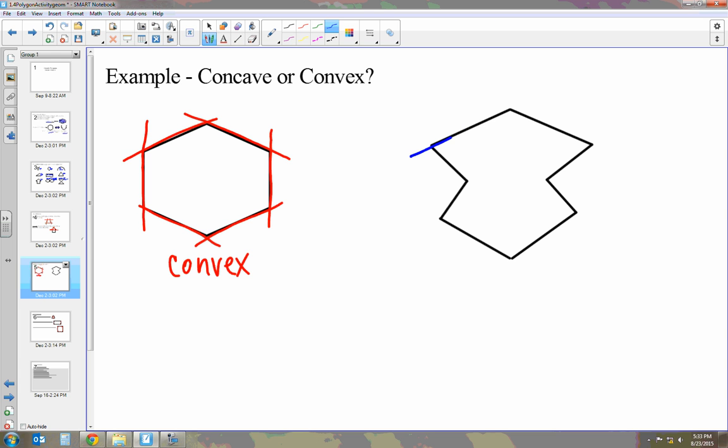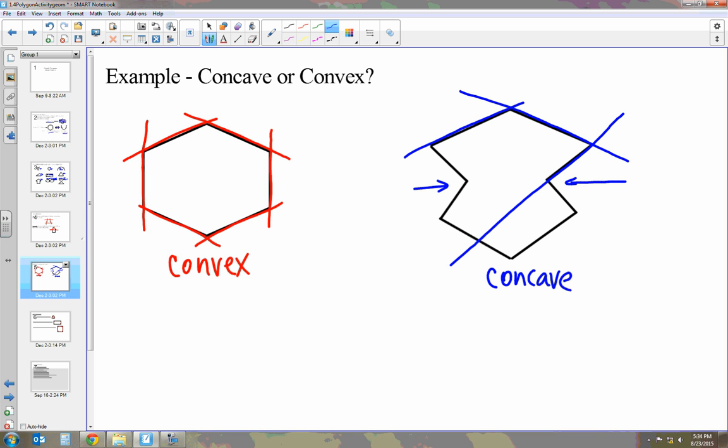And we have to trace through every single one. Oops. I went off the line there. Let's do that again. Oh, and if you look at that, if we extend out that one side, it goes through the polygon, so it is a concave. And if you look, these sides kind of look like they're caved in as well. So it's 2 ways to determine that.